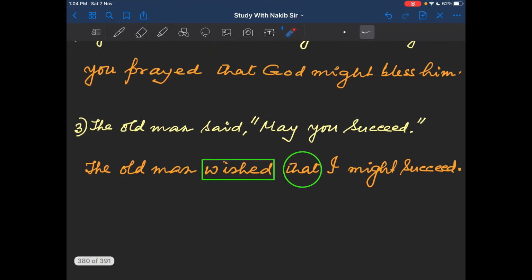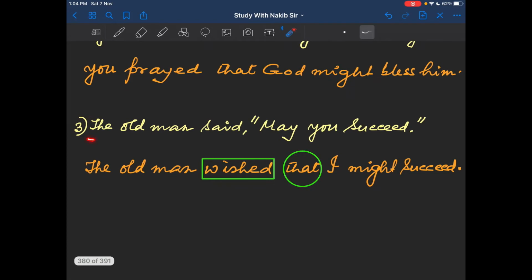See your third example. The old man said, may you succeed. It's a blessing, a wish. So change the reporting verb to wish and see the answer. The old man wished, and that is the connective. So the old man wished that.